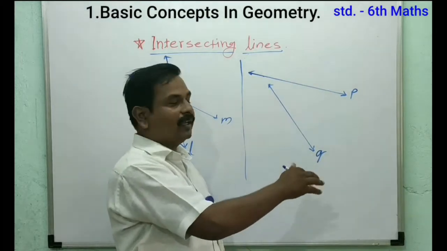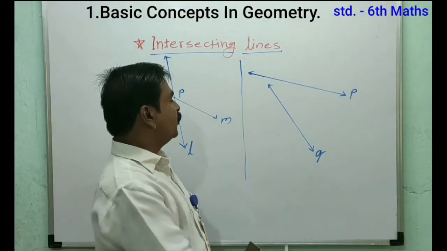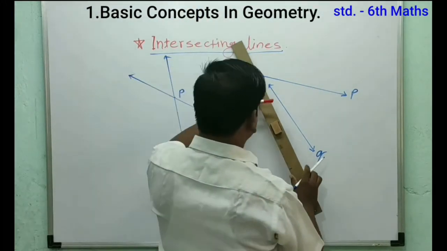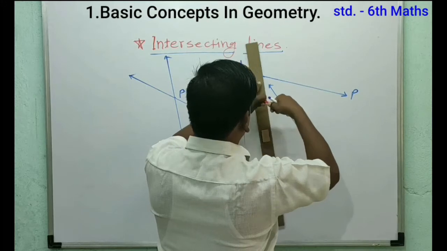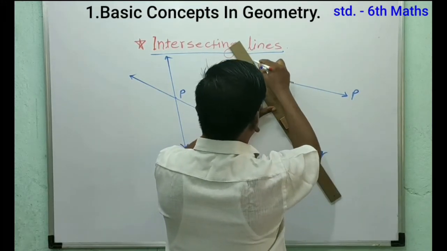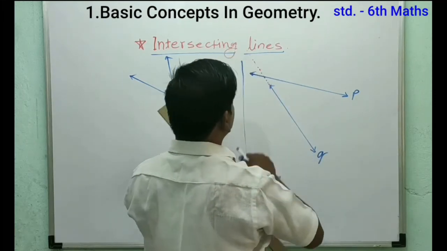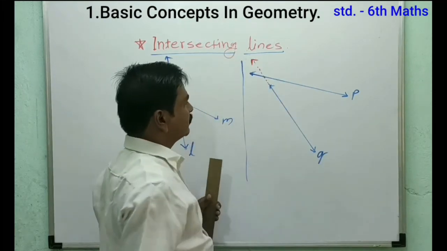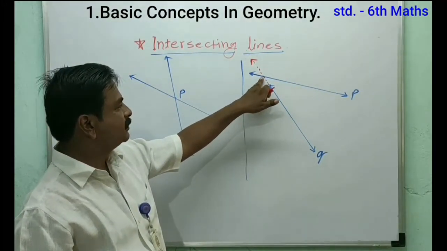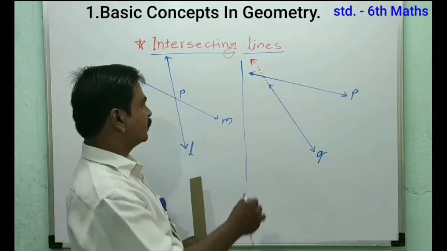But this arrow shows that we can extend this line. If we extend line Q like this, line Q will intersect line P at this point.